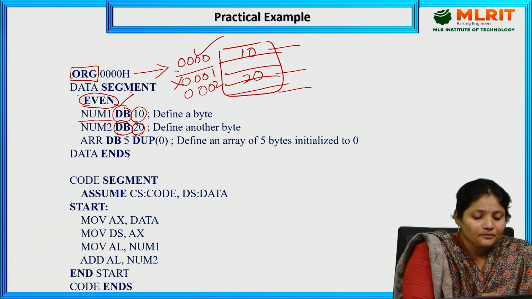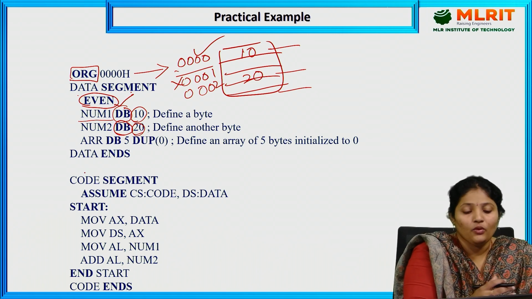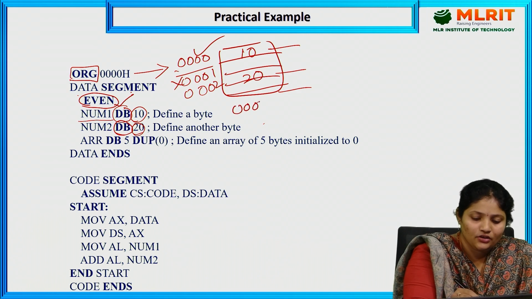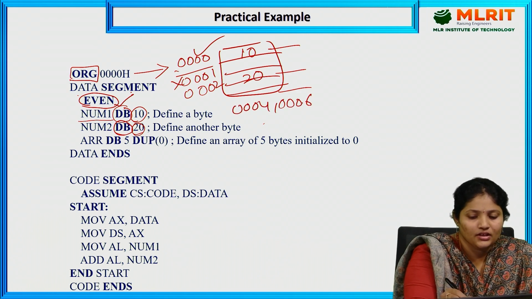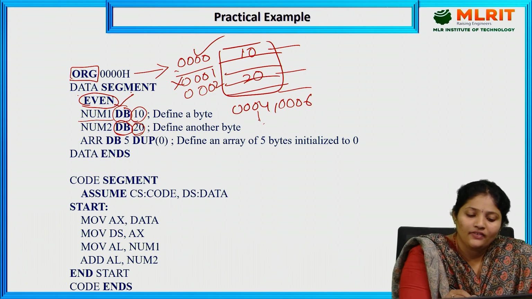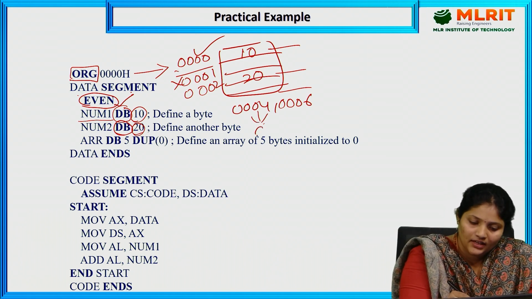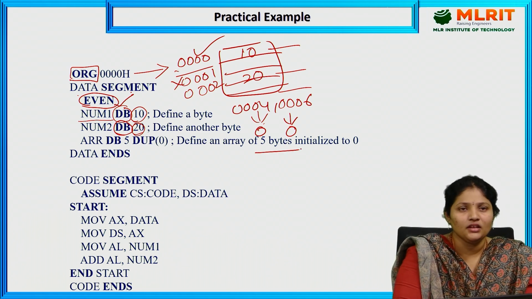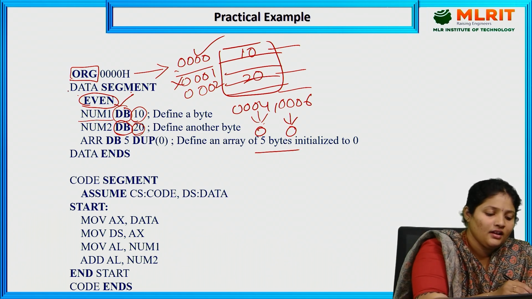Next, I want to allocate some empty locations also. From 0004 onward, 5 duplicate memory locations will be allocated, and the data in these memory locations is 0. These are the data segment.